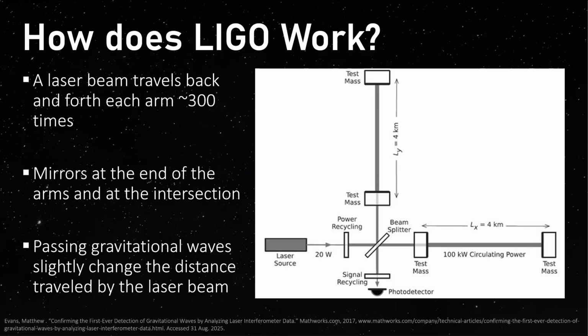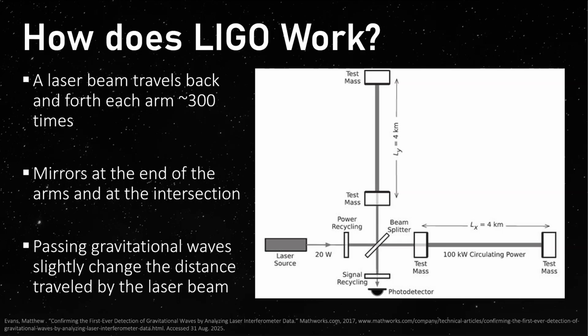How do they work? LIGO uses lasers, as the full name suggests. A mirror at the intersection of its two arms splits a laser into two beams, sending one down each arm. The beams reflect back and forth 300 times before recombining.